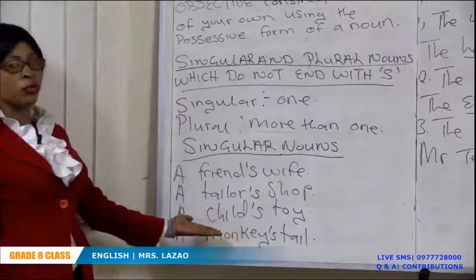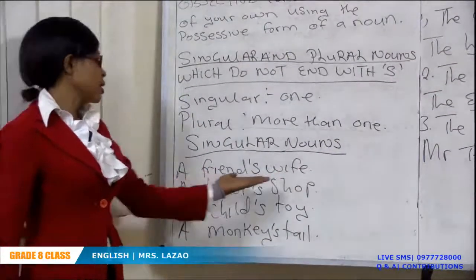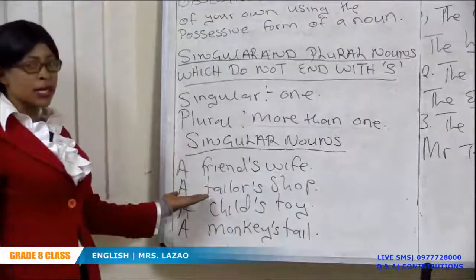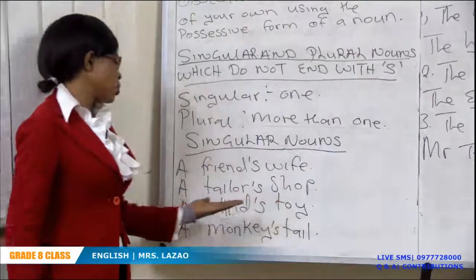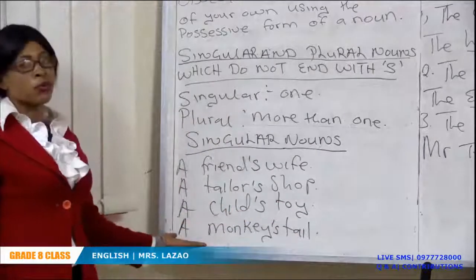So here we have shown possession to say the wife belongs to the friend, the shop belongs to one tailor, the toy belongs to one child, a tail belongs to one monkey.